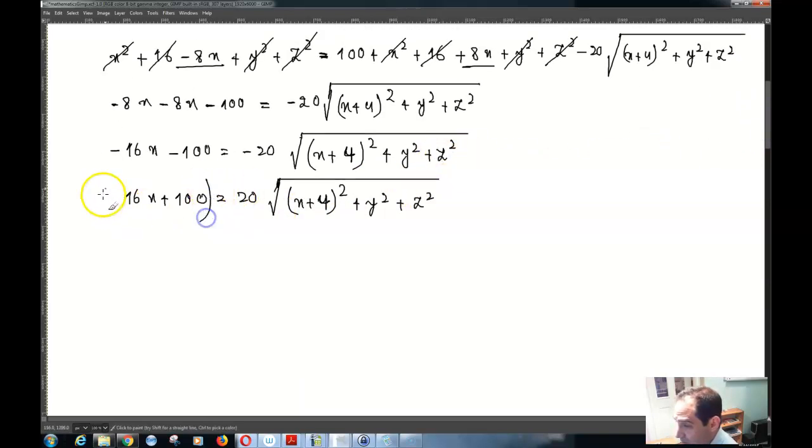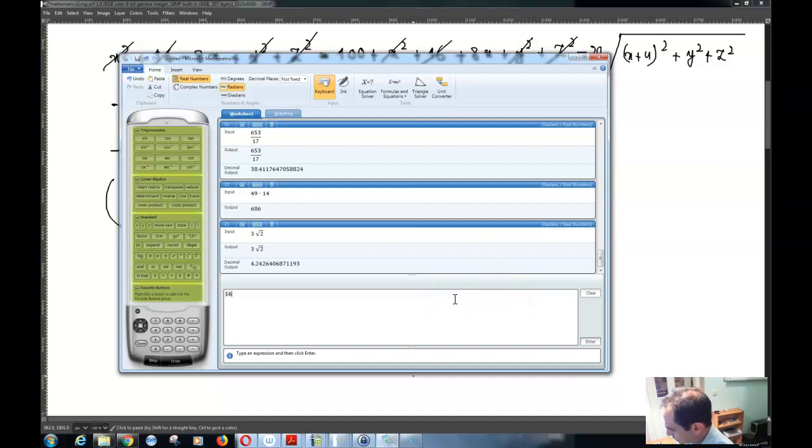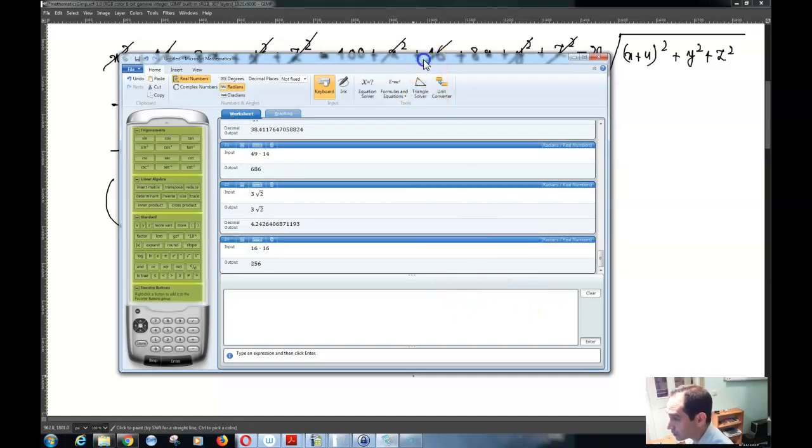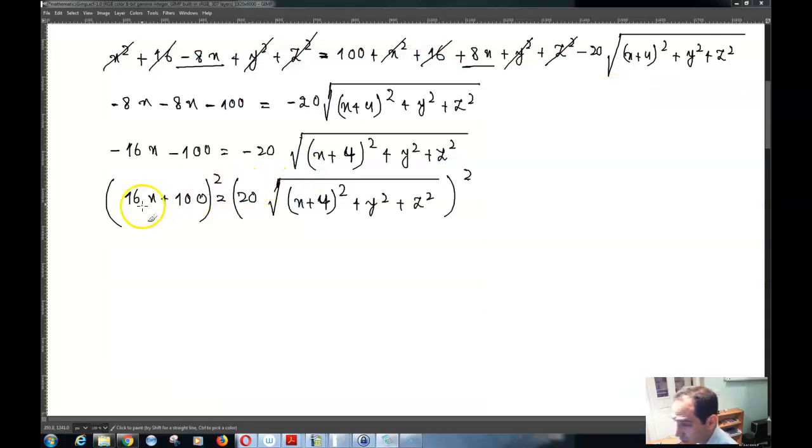Now 16 squared, 16 times 16, is equal to 256, so that is 256x squared, and 100 squared is equal to 10,000.